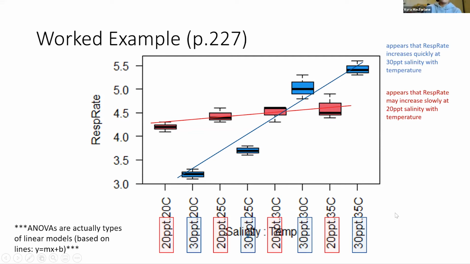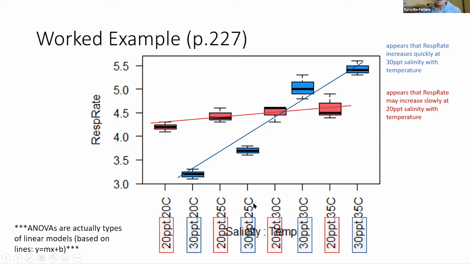So what I would pull from this, if you were to write your interpretations, would be that at low temperatures, respiration rate is greater at 20 parts per thousand salinity compared to 30 parts per thousand salinity.